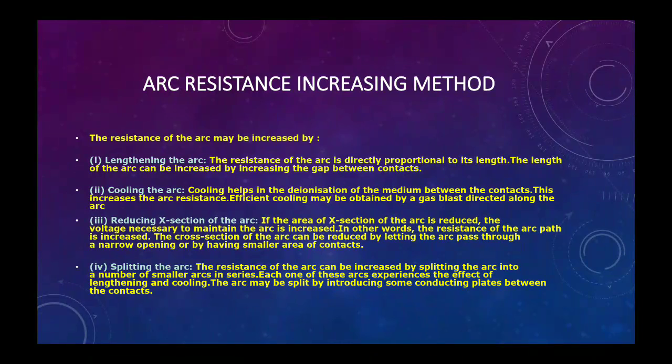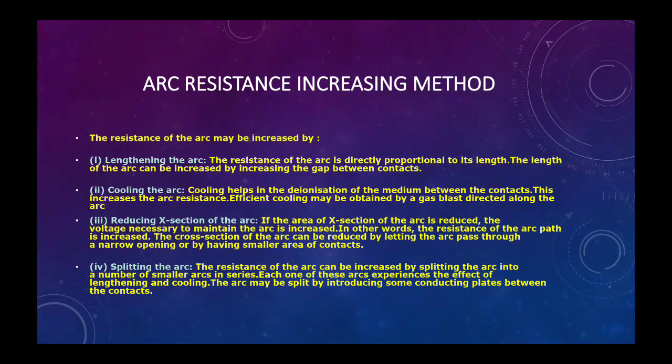The cross section of the arc can be reduced by letting the arc pass through a narrow opening or by having a smaller area of contact. So if we use a small channel through which the arc is flowing, then the arc path cross-sectional area is reduced.